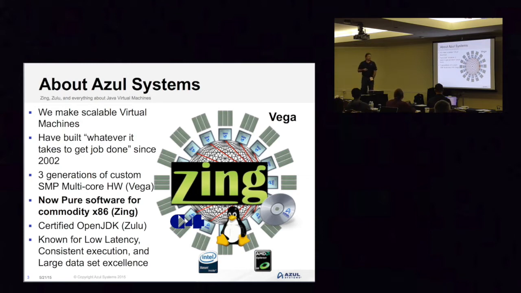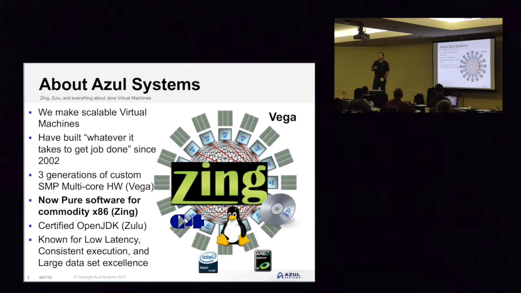The servers in the early 2000s were kind of not great for consistent high-power workloads. So we built 3 generations of a multi-core hardware system. We built the chips, we built our own Linux distro based on Debian, we built our own Java virtual machine, we put it all on a big honking 854-core machine with 2 terabytes of RAM and sold that and made a nice little business out of it.